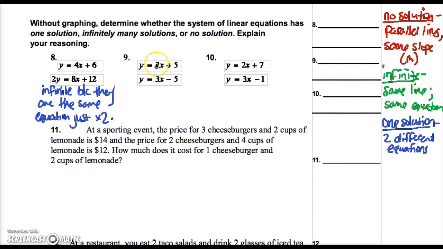Also, what I notice is they have the same slope. Both have a 3 in front of the x, and that would be the slope. So the one that defines that would be no solution. They have the same slope. So this one will have no solution because they have the same slope.